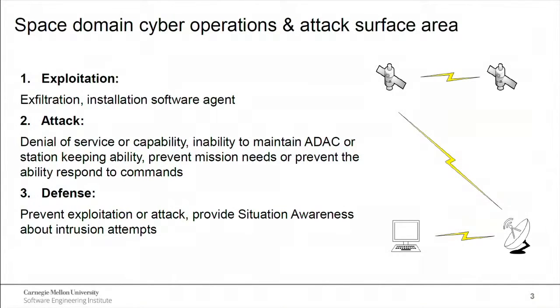Attack is the second pillar. An attack is about ensuring that a particular system cannot perform its mission, cannot complete its mission, cannot behave as anticipated. In some instances with spacecraft, it's fathomable that an attack actually leaves the control of one organization and goes to another organization.